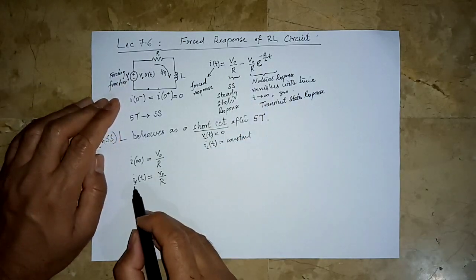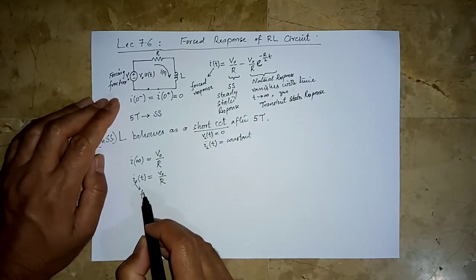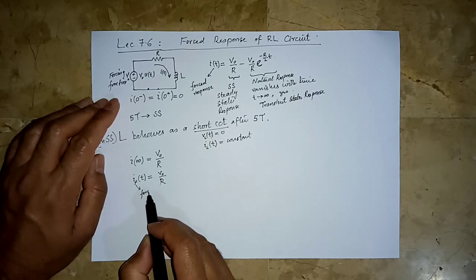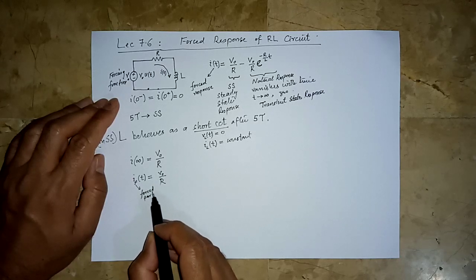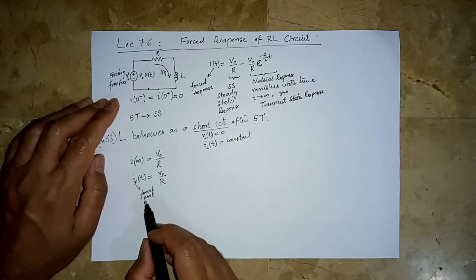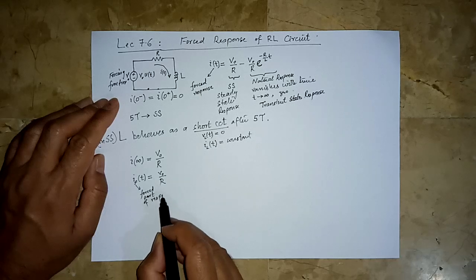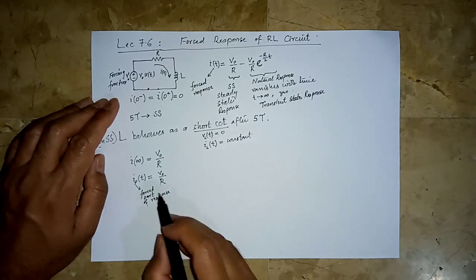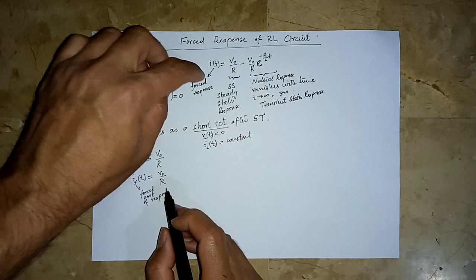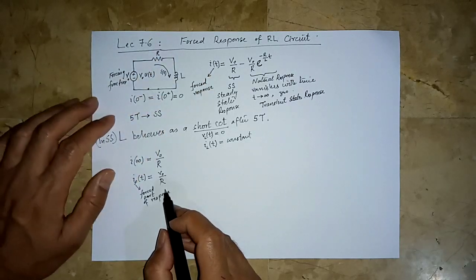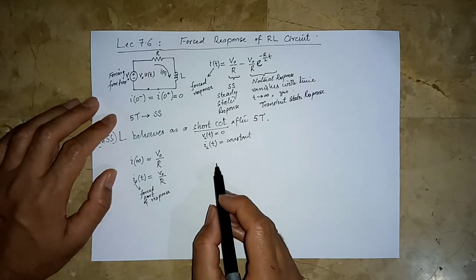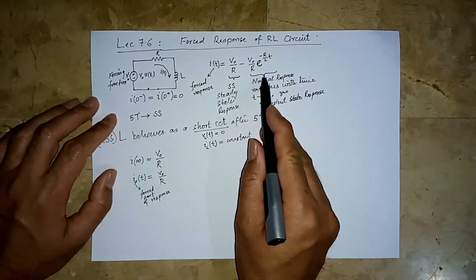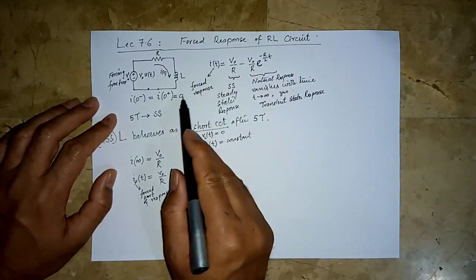So that is, this F is for the term that matches the forcing function, or let us say the forced part of the response. This is not the complete forced response, but it is the part that matches the forcing function.